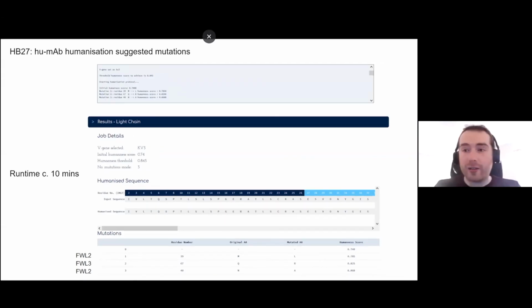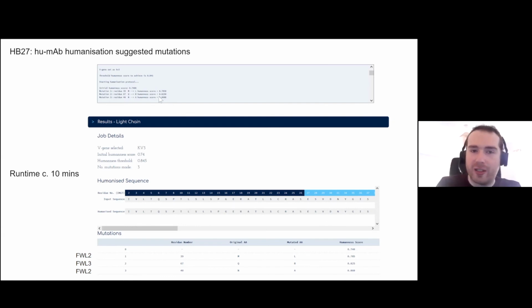Thanks, Matt. Yeah, so again, thinking back to our previous description of HuMab, when you run a sequence through HuMab, what you'll actually be presented with is not just a summary of the number of mutations made and where they were made, but actually if we look at the job log at the very top of the screen, we can see the order in which these mutations were made and how these mutations contributed to the increasing humanist score.